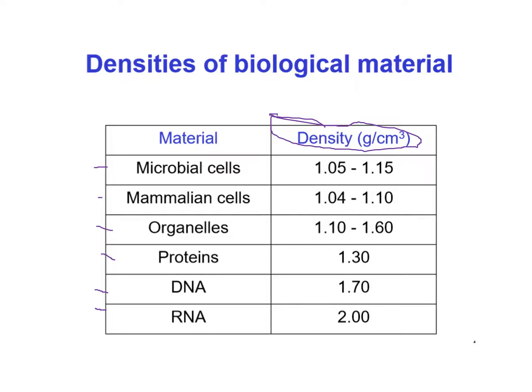in a blood sample, you could use density to separate the bacteria, and separate the red and white blood cells. We could take those blood cells and pop open the organelles. From the organelles, we could get the proteins. And of course, in the cells, we have the nucleus.